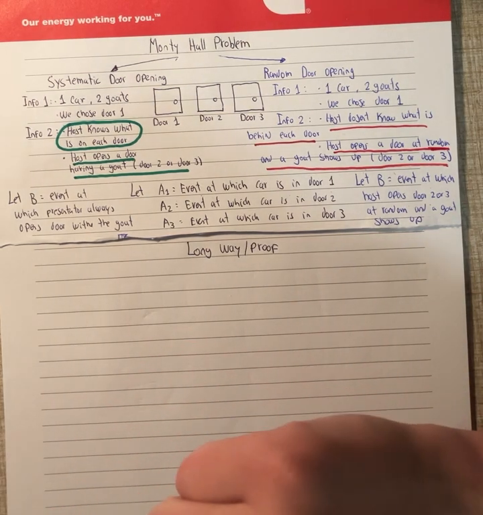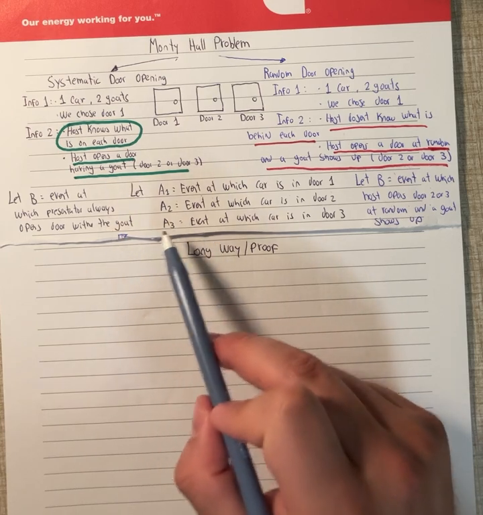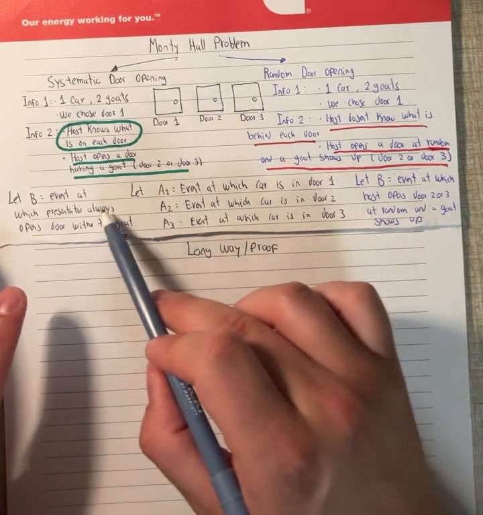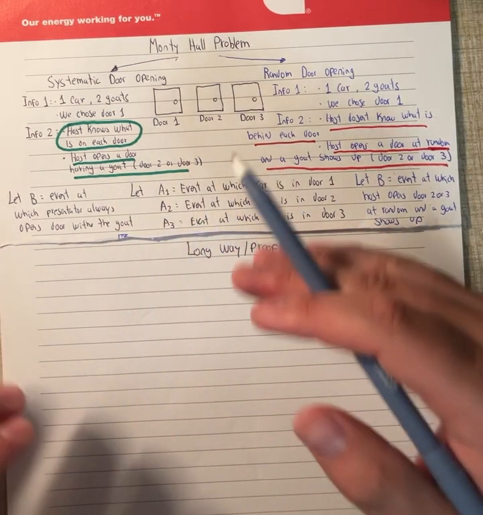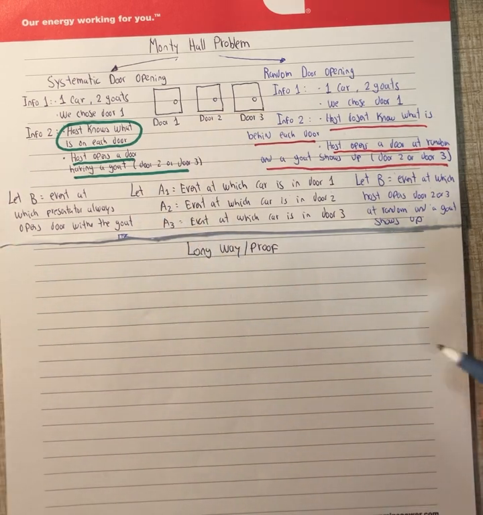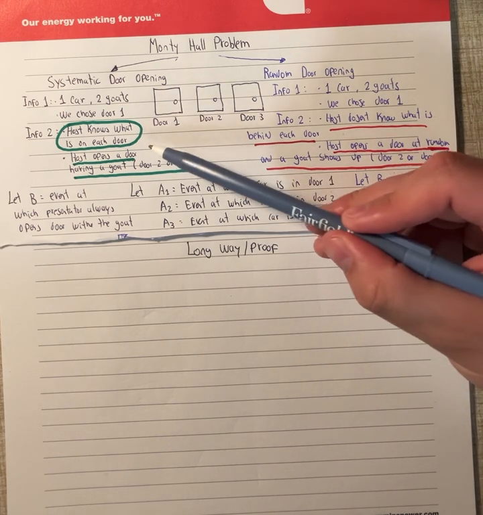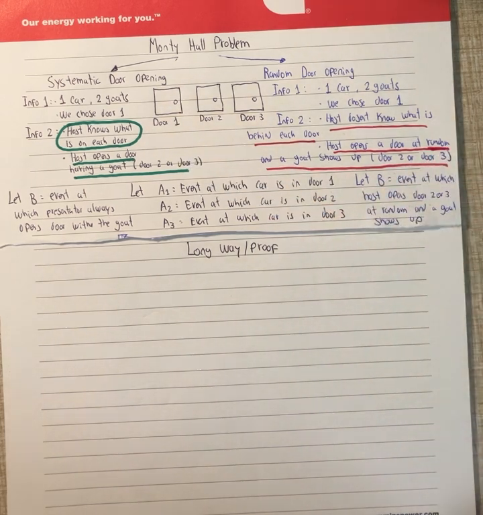So why did we set these parameters? Why did I do this formulation in terms of events? Because I want to use Bayes' theorem to see what the updated probabilities are after I know the information that was provided to us.